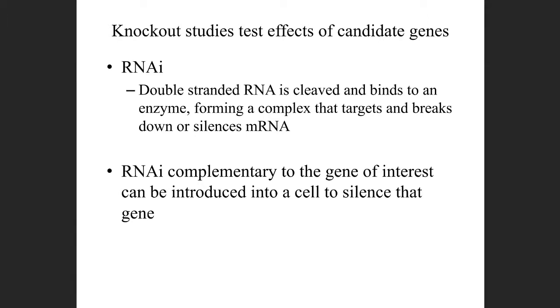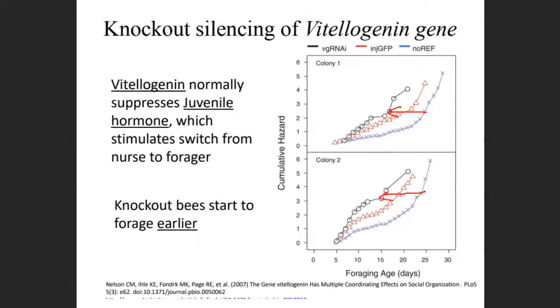So it's going to stop producing more of that enzyme. And so you can introduce interfering RNA that's complementary to the gene of interest, and that'll prevent that gene from being expressed.